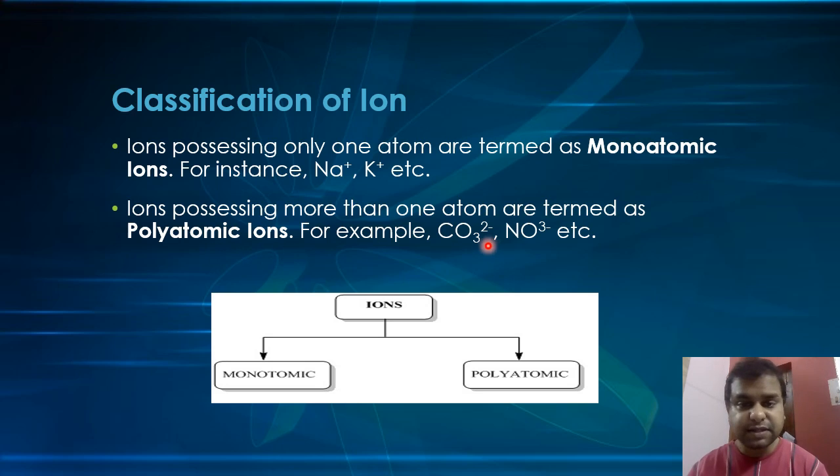These are known as polyatomic ions because of the presence of more than one atom. And here there is only a single atom, hence they are monoatomic ions.